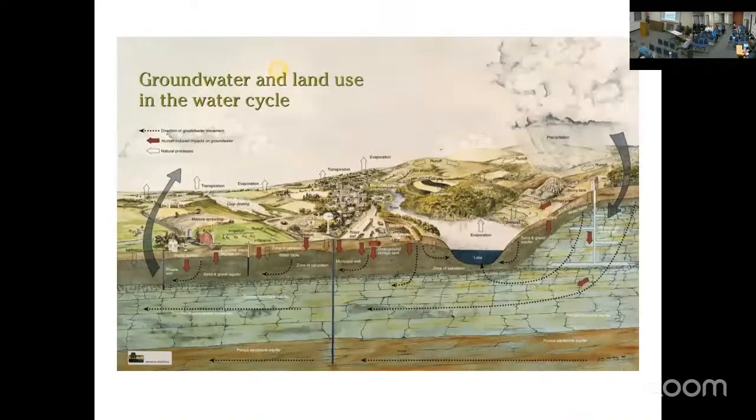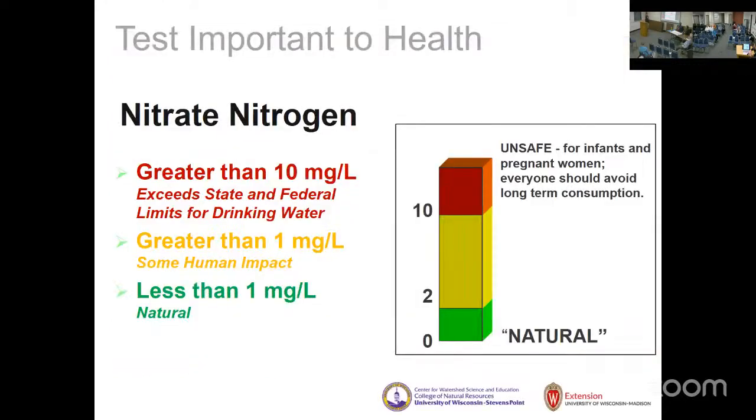The other things that I'm going to highlight next are related to land use. So starting with nitrate, nitrate is a test that's important to health. It's one of the more common tests that people perform on a water supply. Levels greater than 10 milligrams per liter are considered unsafe for infants and women who are pregnant. And we encourage everyone to avoid long-term consumption of nitrate greater than 10.